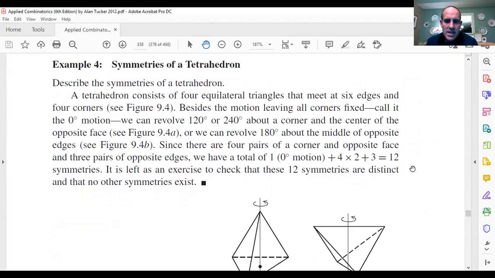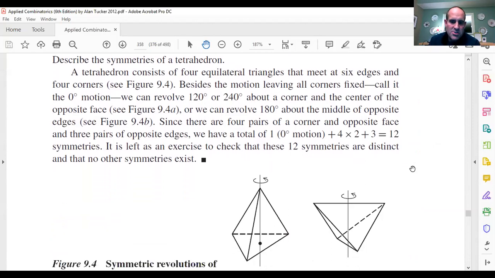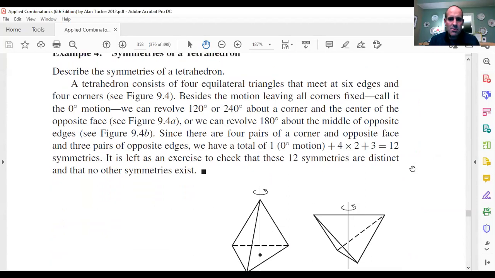What about the tetrahedron? First of all, what is a tetrahedron? It's just 4 equilateral triangles stacked to form that pyramid shape. It has a total of 4 vertices and 6 edges, if you think about it as a graphical object.